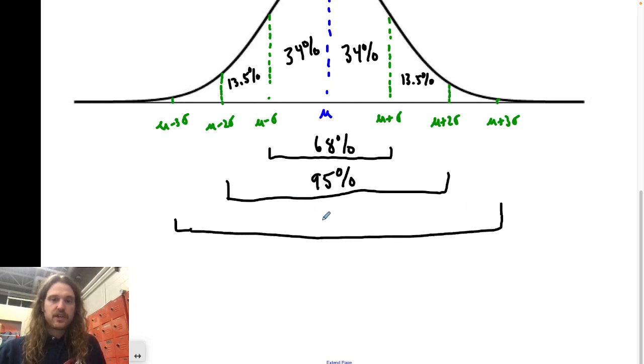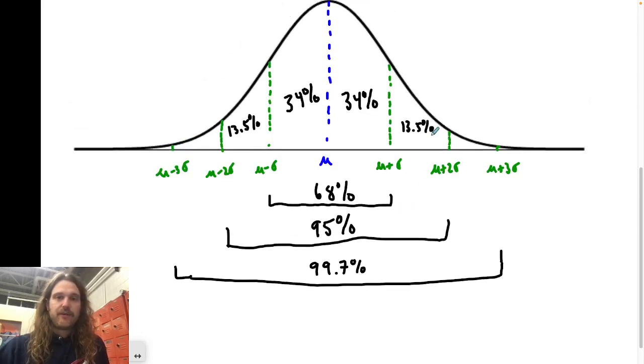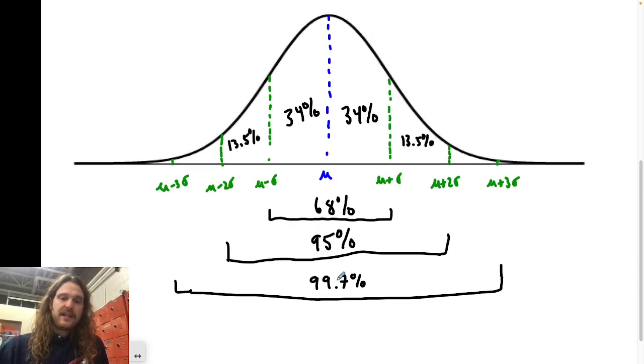Within 3 standard deviations, we expect to see 99.7% of the data. Okay, that means if we do some simple math, 99.7 minus 95 gives us 4.7%. So 4.7% is shared in between these 2 areas here.